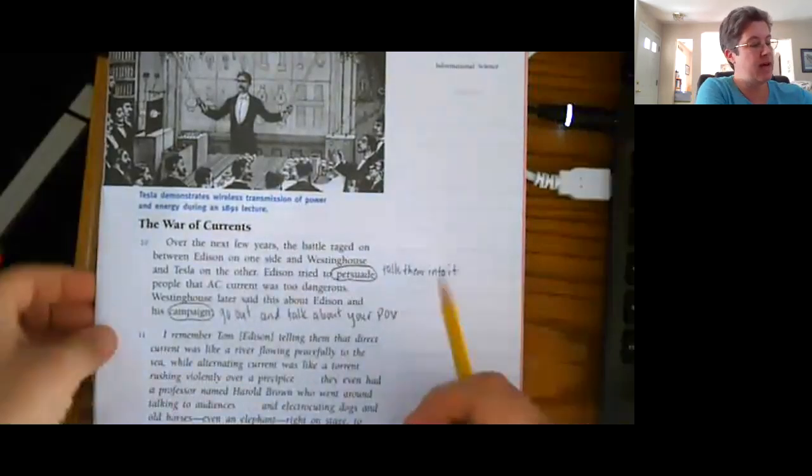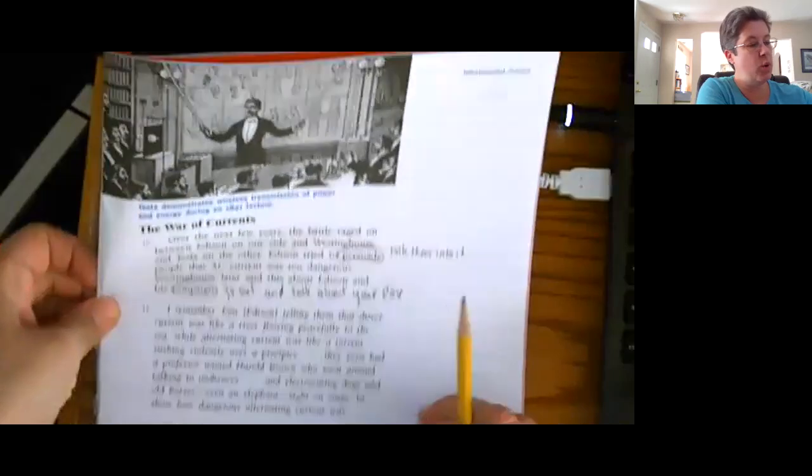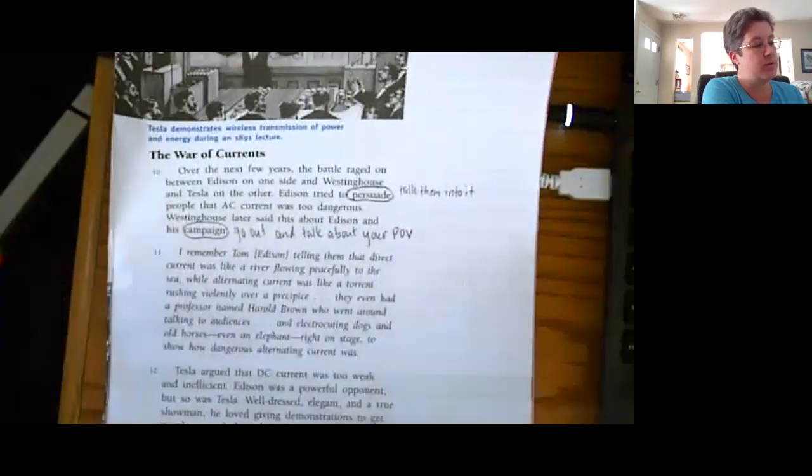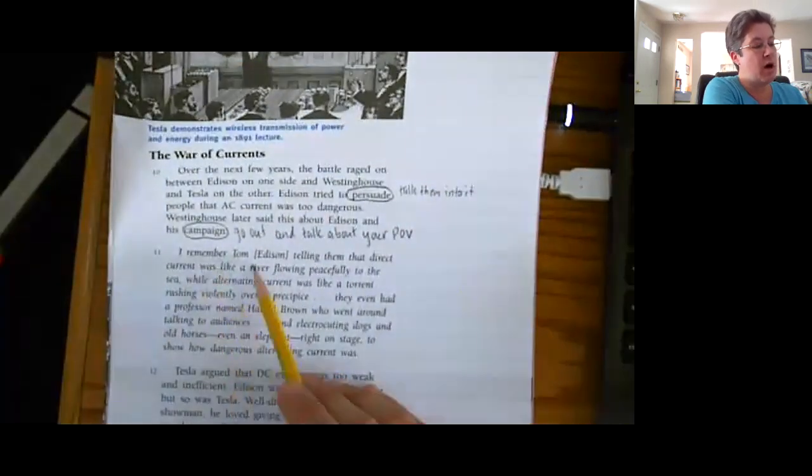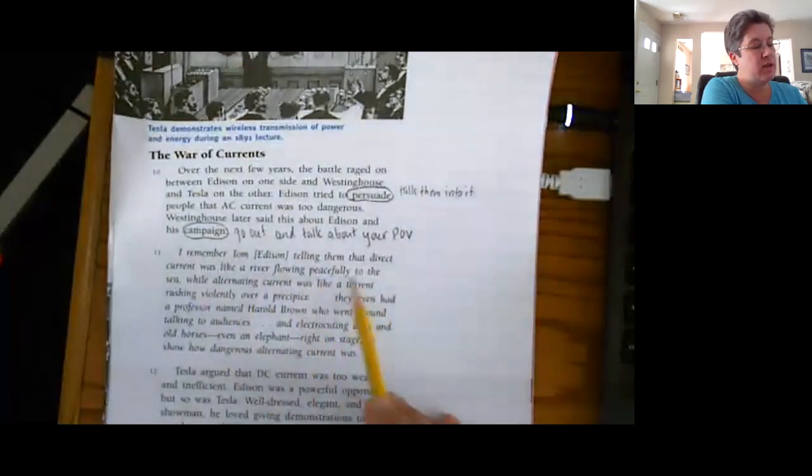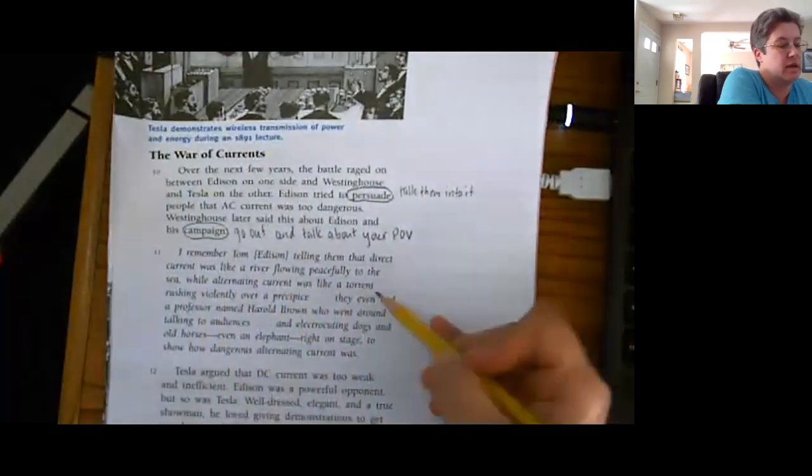Now, all of this in italics is a direct quote from Westinghouse. I remember Tom Edison telling them that direct current was like a river flowing peacefully to the sea, while alternating current was like a torrent.